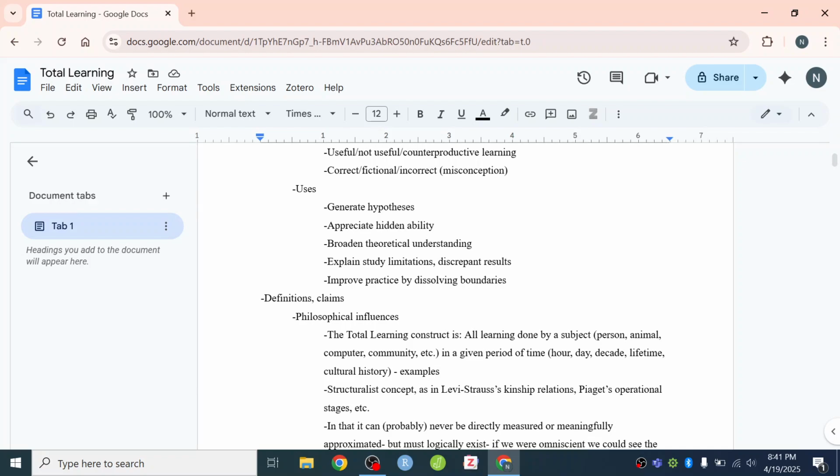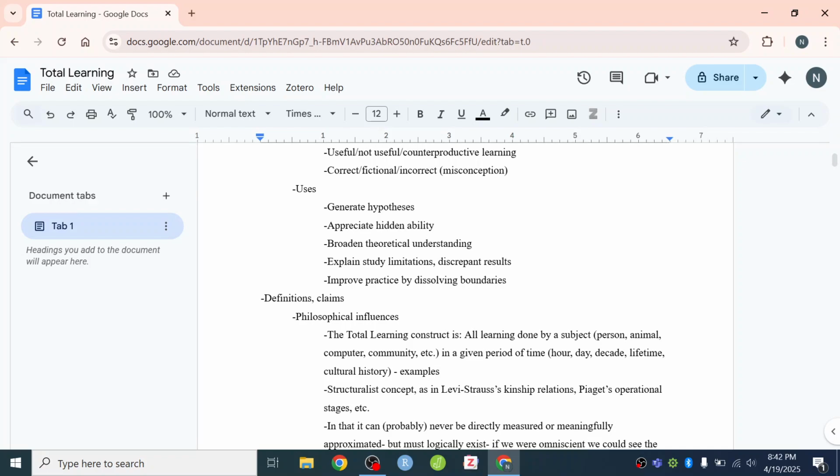Okay, so the total learning construct we've established is not something you can directly measure. Indeed, it doesn't create a falsifiable hypothesis in any meaningful way. I would describe it as a kind of structuralist concept. It has structuralist origins as an idea.